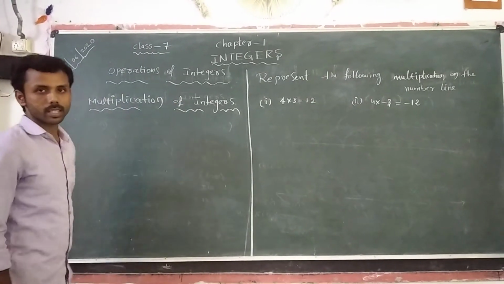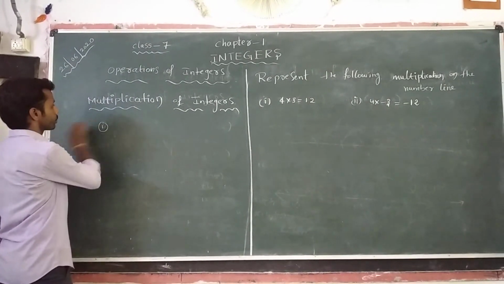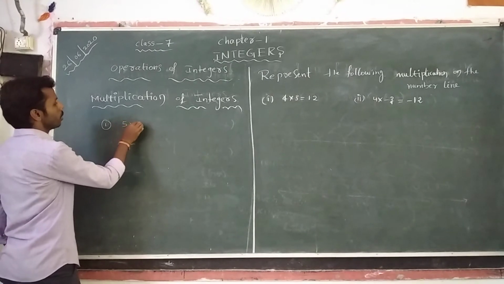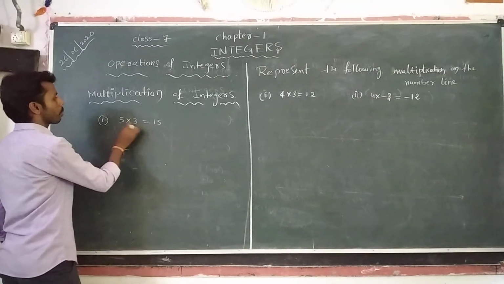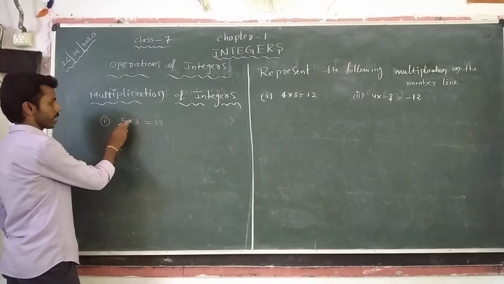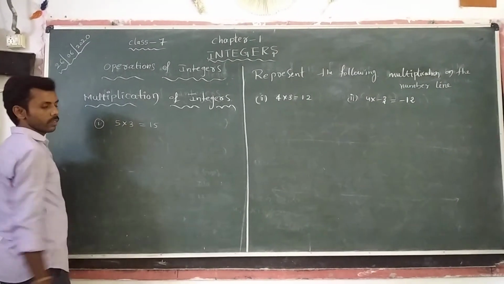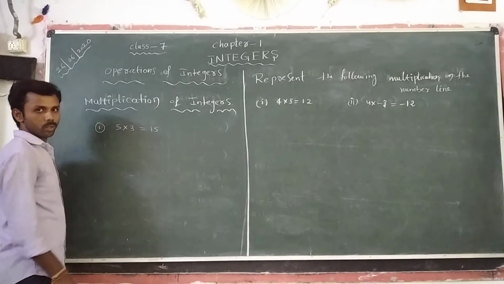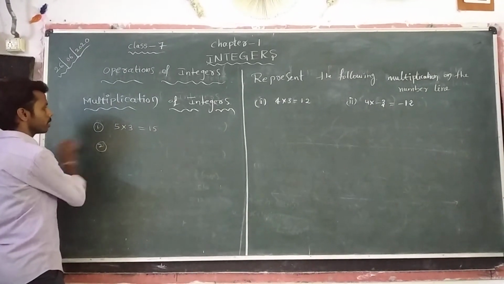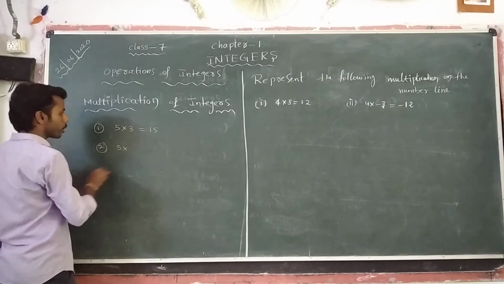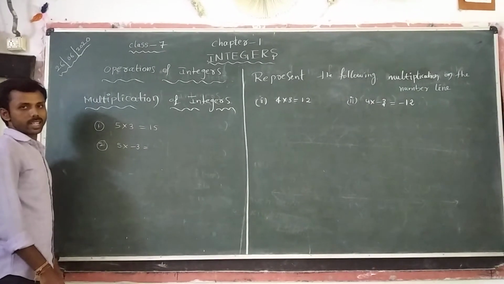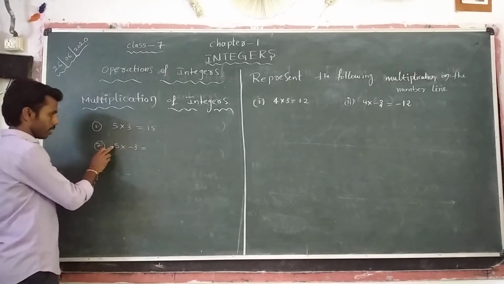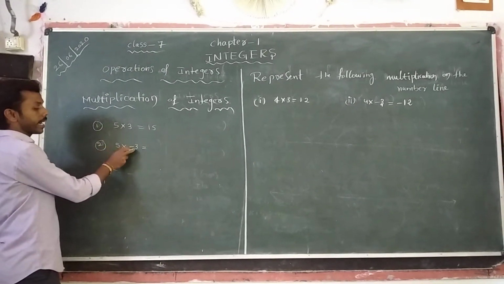The next topic is multiplication of integers. Some examples. 5 into 3 is 15. Both are positive, so a positive integer times a positive integer gives a positive integer, 15. Another example: 5 into minus 3. Here one is a positive integer and one is a negative integer.